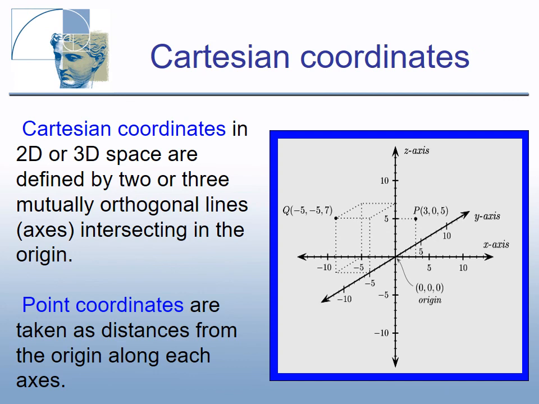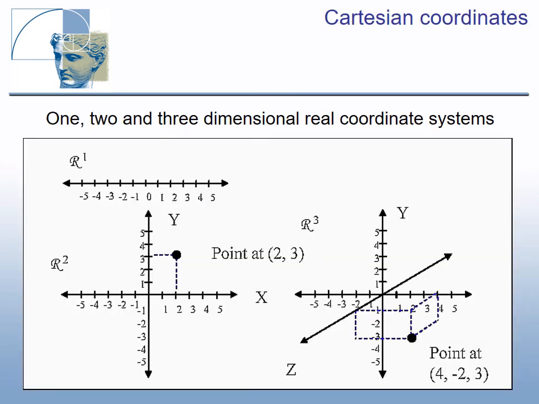The Cartesian coordinates in two-dimensional or three-dimensional spaces are defined by two or three mutually orthogonal lines intersecting in the origin. They are called axes. Point coordinates are taken as distances from the origin along each axis. One, two, and three-dimensional real coordinate systems are shown in this slide.